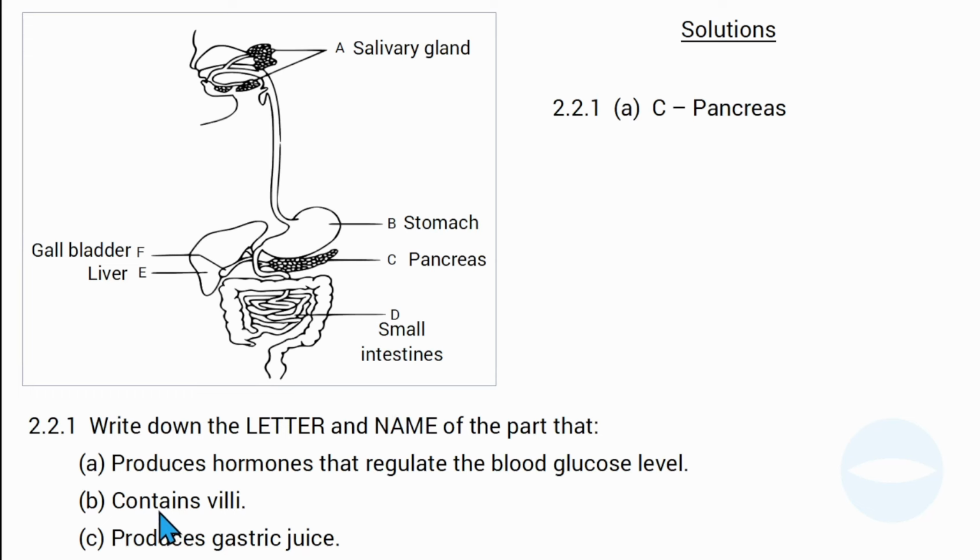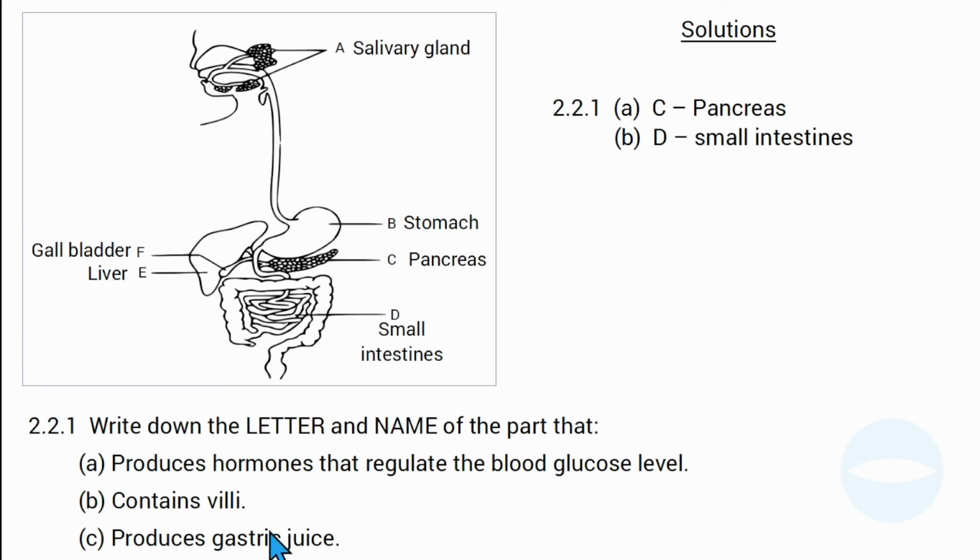Then the part that contains villi. Like I said, villi are found in the small intestine. They are found at D, and D is the small intestine. So the letter is D, and the name is small intestine. Then the part that produces gastric juice.